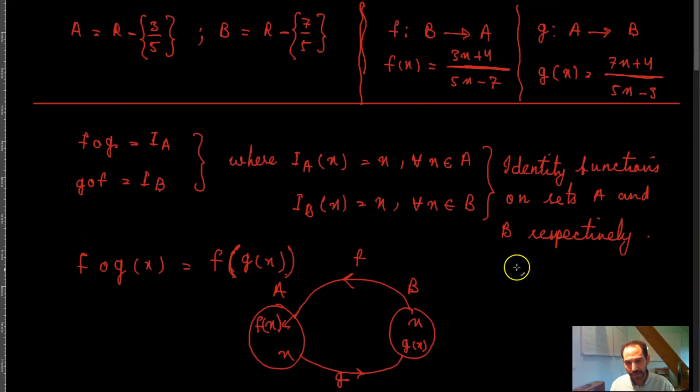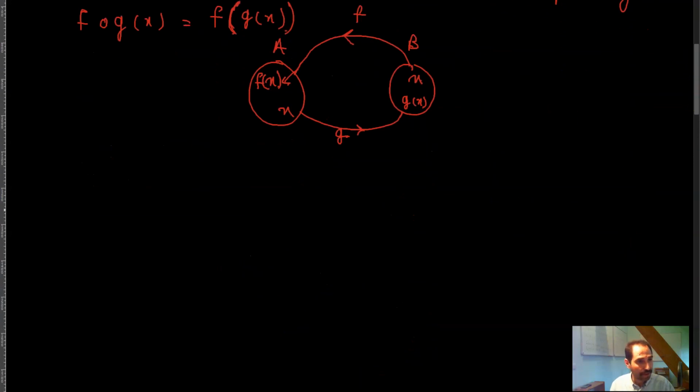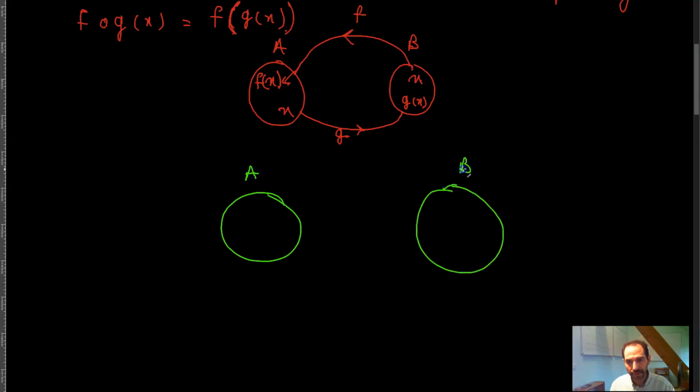Let me show you this way. If I have this set A over here, and some set B over here, and if F goes from B to A, then let's suppose that we have some x over here, then x goes through F and that becomes F of x.